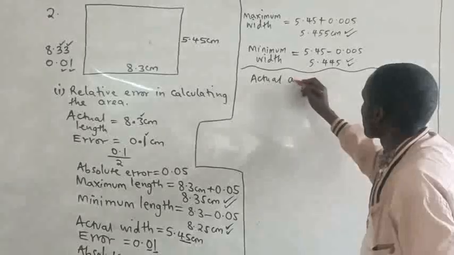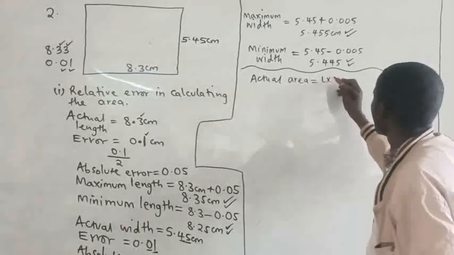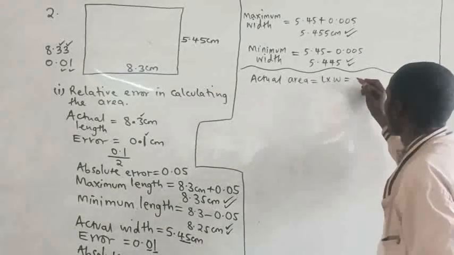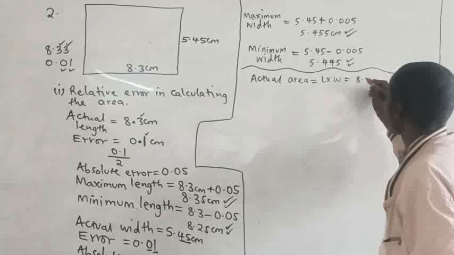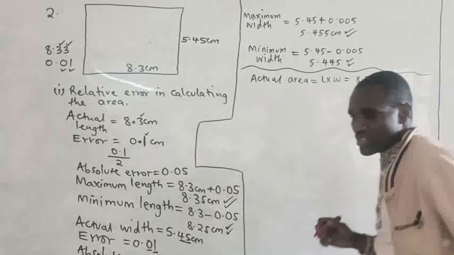So actual area: because this is a rectangle, we say length times width. The actual length is 8.3 and the actual width is 5.45. So this gives us which area?